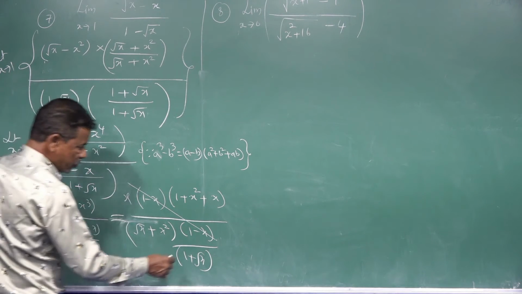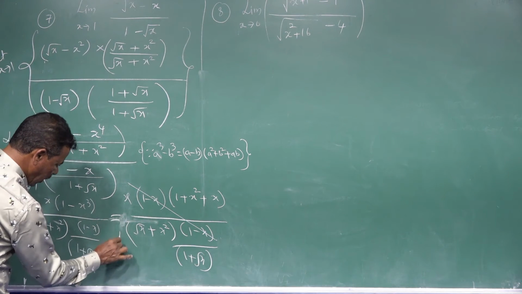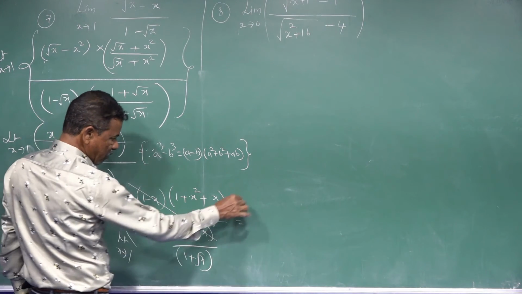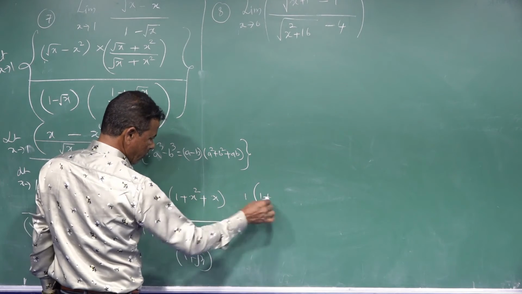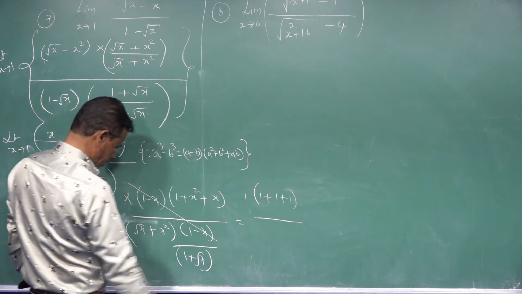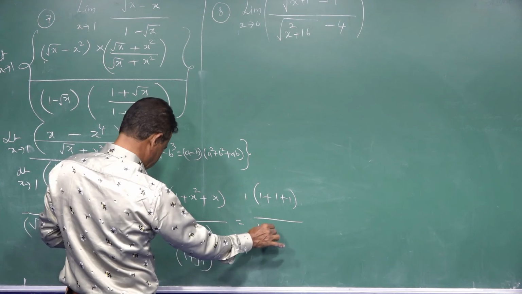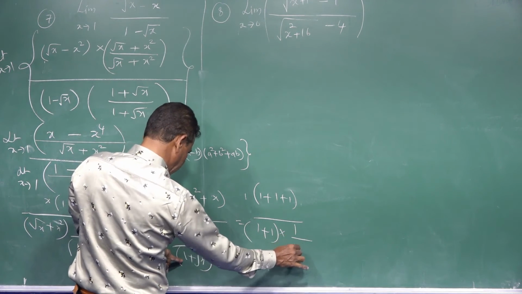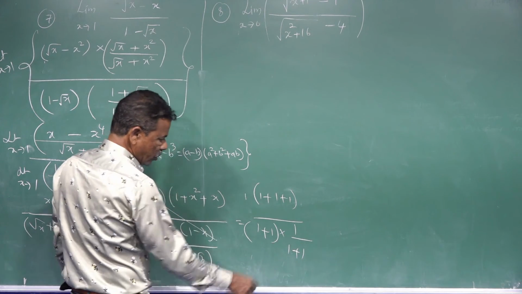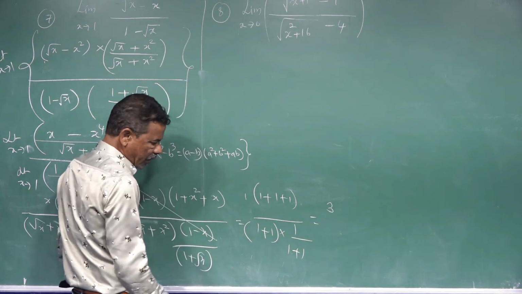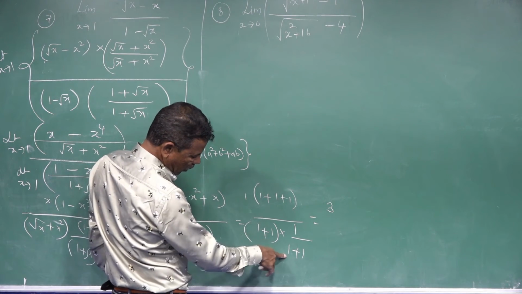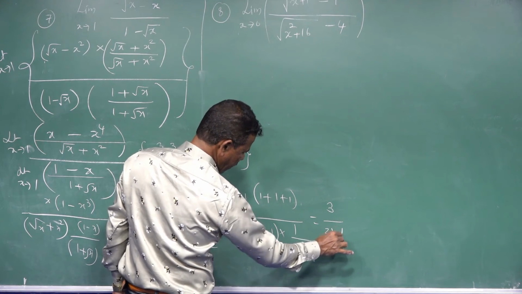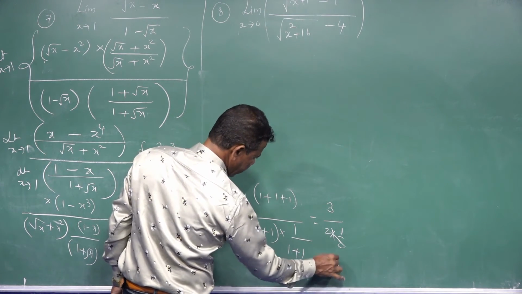So after we substitute limit x tends to 1, we get 1 plus 1 square, 1 by 1 plus root of 1, which is 1. So completely, the above value is 3, below value is 1 plus 1. 2 gets cancelled, so the answer is 3.